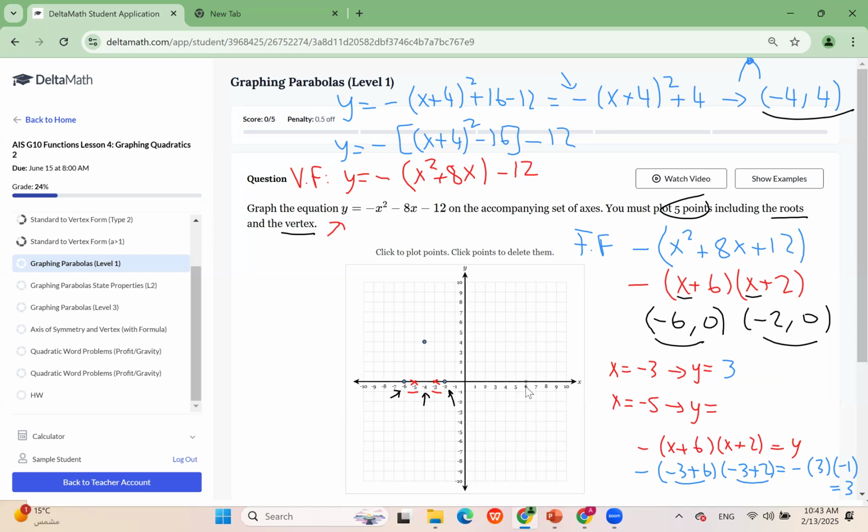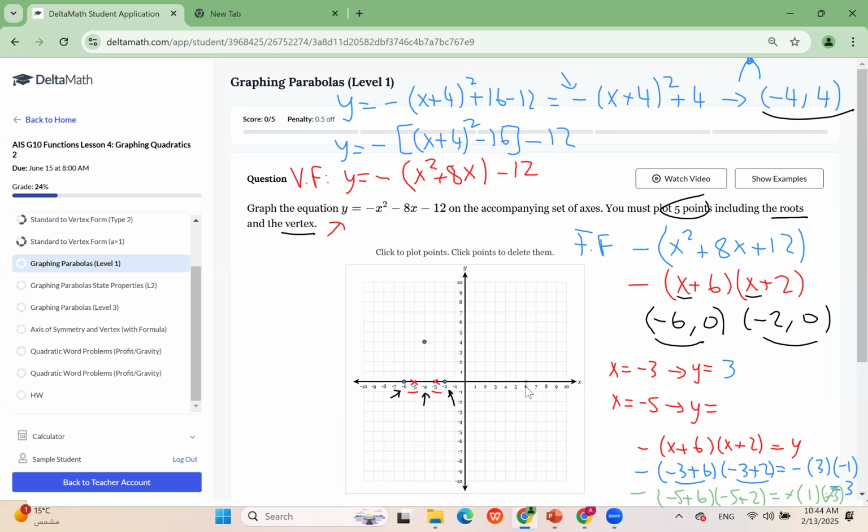Now we need to do the same thing, but for the new value, which is negative 5. So let's put negative outside. Negative 5 plus 6, negative 5 plus 2. This gives us negative 1 times negative 3. And again, negative and negative cancel out, and we're left with 3 as well.